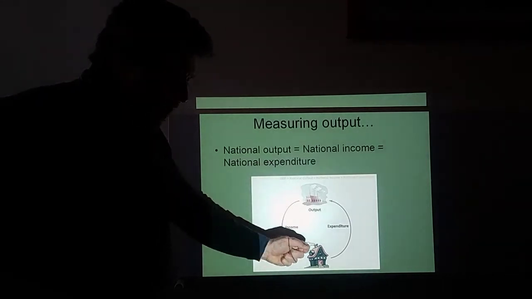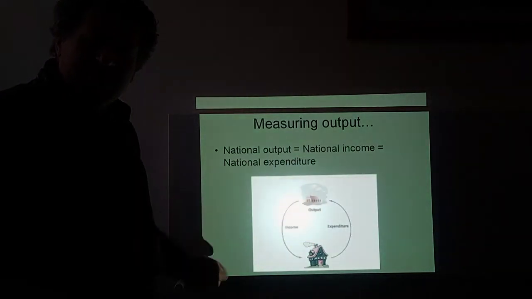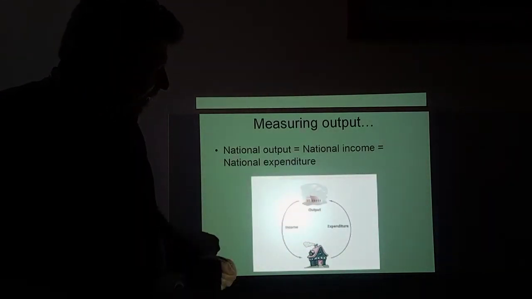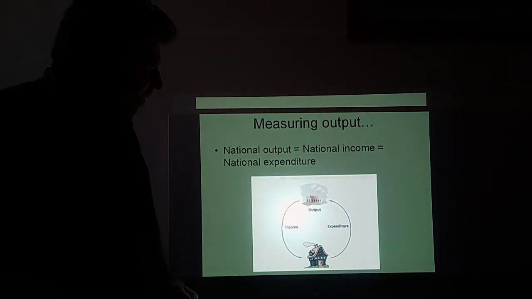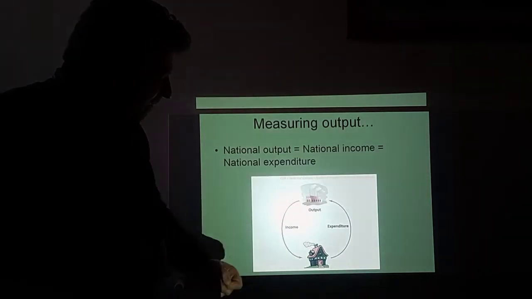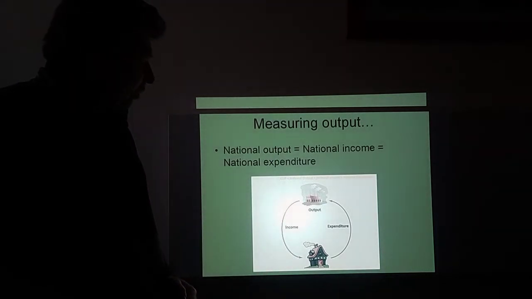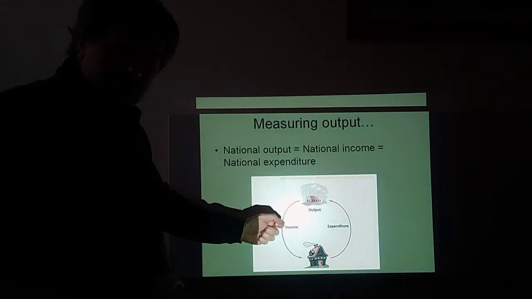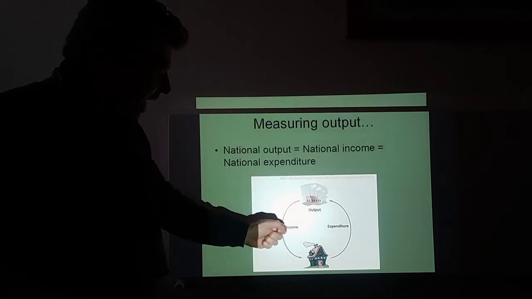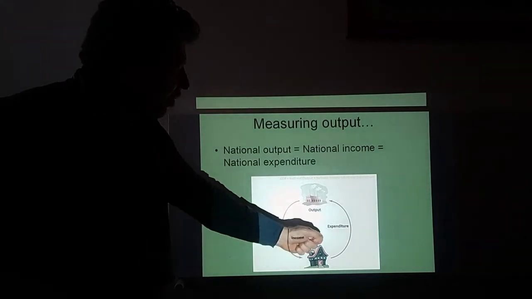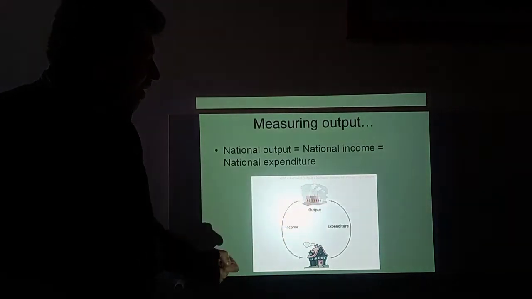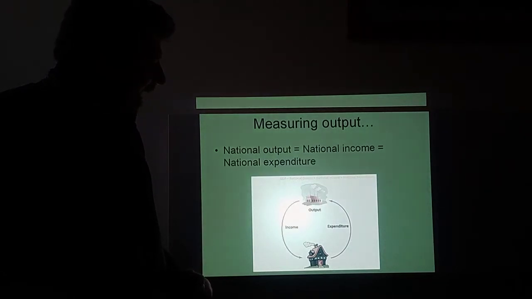And we've got this kind of circular flow of income and expenditure between the firms and organisations and the households. They should equal each other. So the income of the households should be the same as the expenditure and the same as the output.